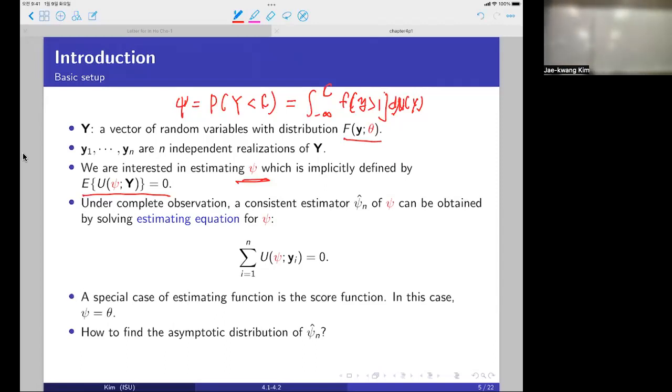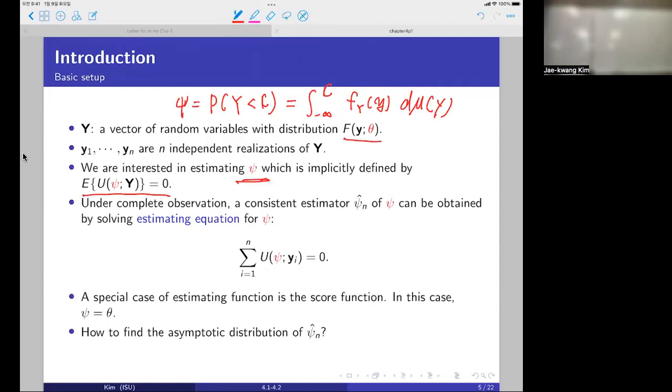The problem with this is that we don't necessarily know the true density function.